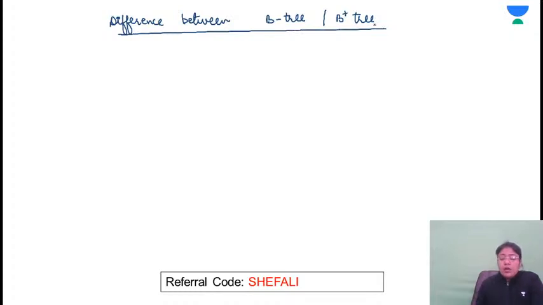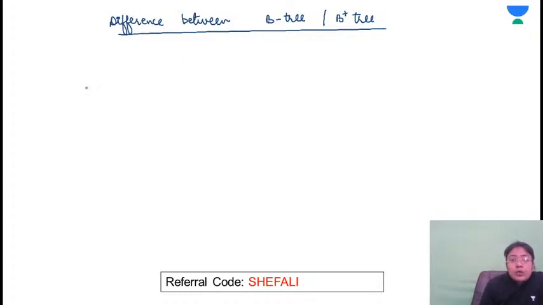Difference between B tree and B plus tree. So first of all, whenever a tree is pointing to the other nodes, those pointers are known as the block pointers, and when it is holding some value, that is known as the key value, right?